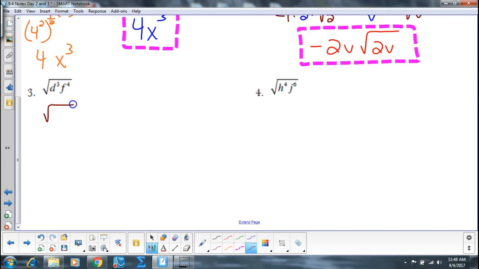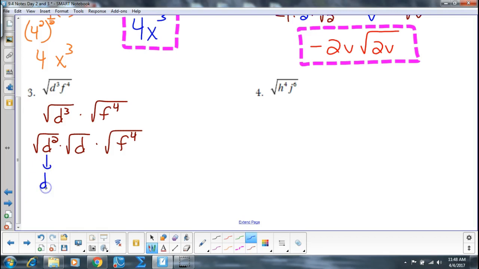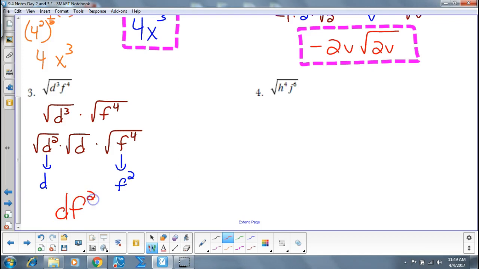So this would be the square root of d cubed times the square root of f to the 4th power. So this would be the square root of d squared times the square root of d times the square root of f to the 4th power. This one is d, this one is f squared. So we get d f squared times the square root of d.